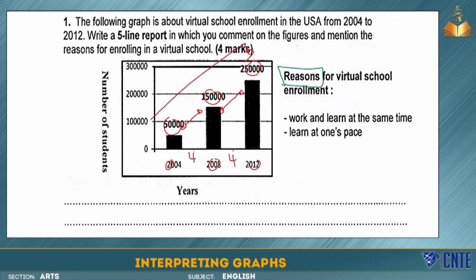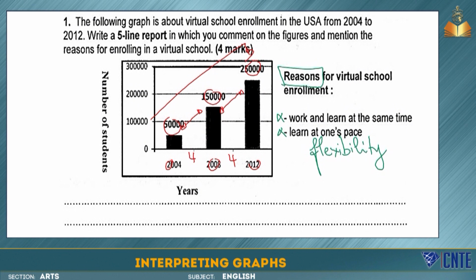If we study the reasons again, we notice that the opportunity offered by virtual schools to work and learn at the same time and to learn at one's own pace is called flexibility. And this is a keyword that may be included in the report.